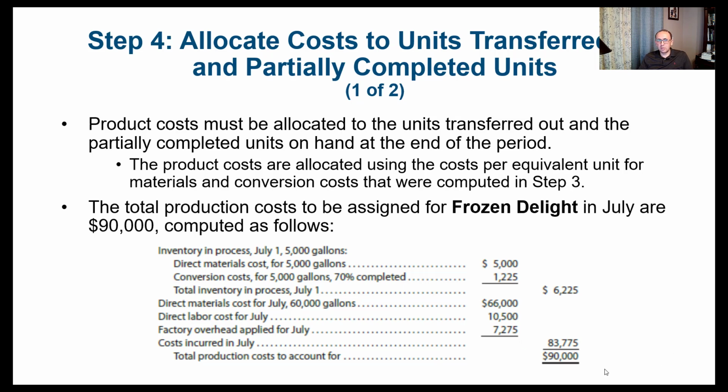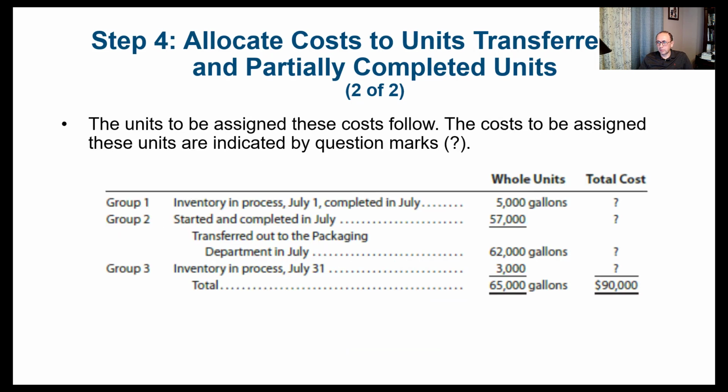So $90,000 is the amount that we are going to allocate into three groups. Group number one is the inventory in process that we got from June, or in other words, what we started with on July 1st. The second group is what we started and completed in the month of July. And then group three is the inventory that's still in process that we're going to move into the month of August.